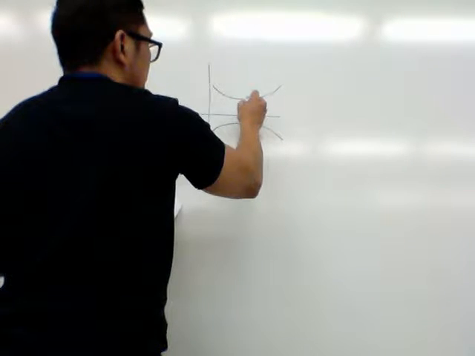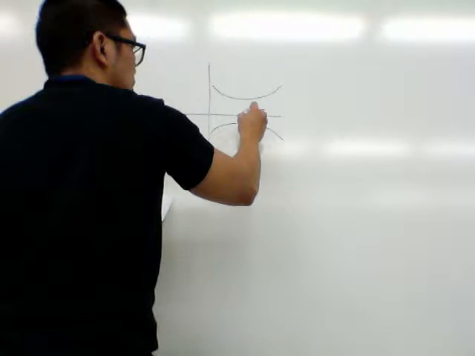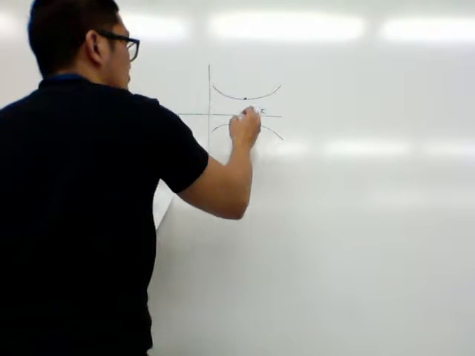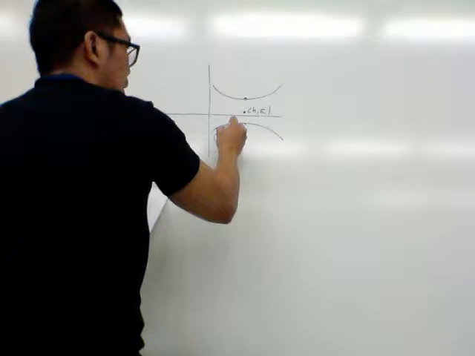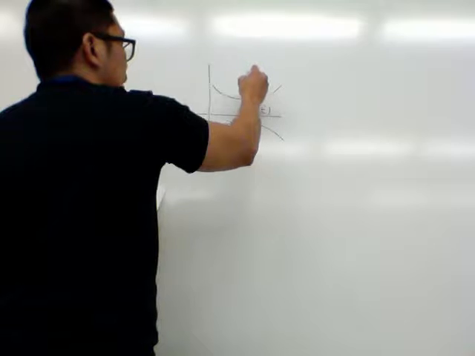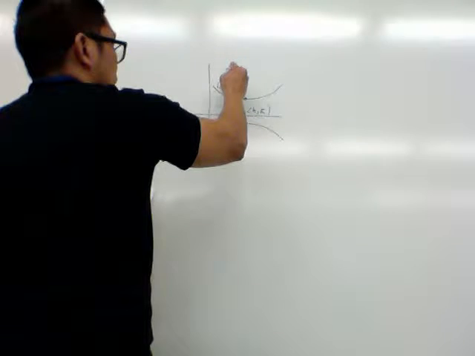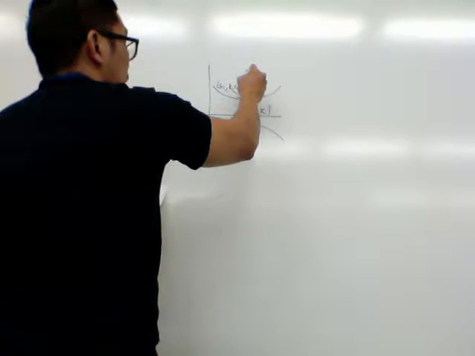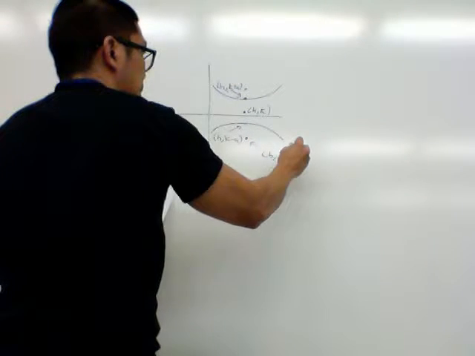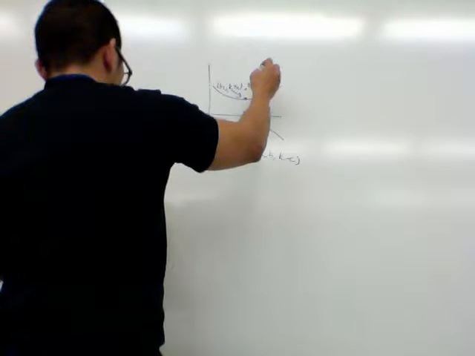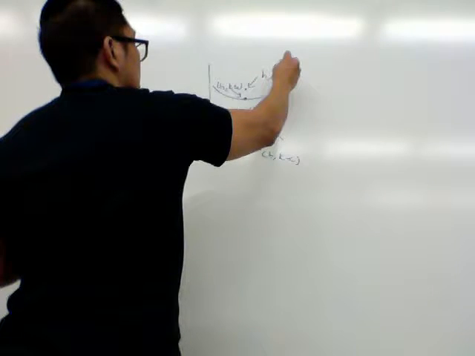Let's say this was your center, (h, k). Then my two vertices: this one is going to be (h, k minus a), and this is going to be (h, k plus a). And my two foci: this focus here is (h, k minus c), and this is (h, k plus c).